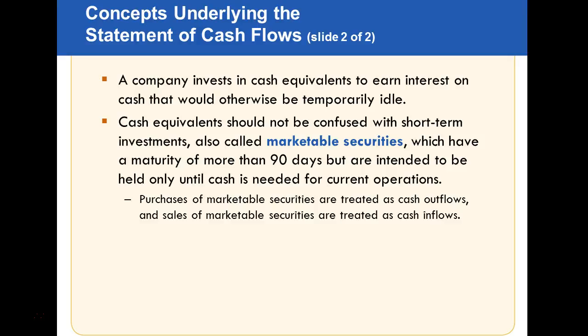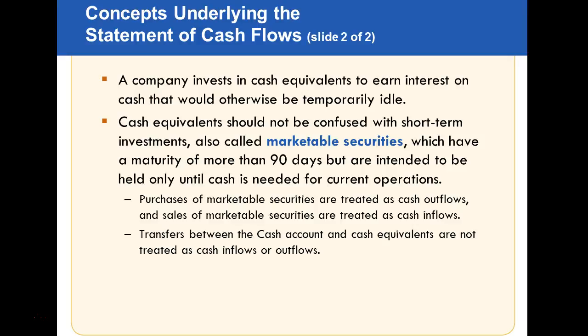So that would be what's called a cash outflow. And when we sell marketable securities, we're gaining money. Think about it. When you sell a marketable security, you no longer have that asset. So that marketable security decreases, and what increases? Cash. Transfers between cash accounts and cash equivalents are not going to be treated as cash inflows or cash outflows. For our purposes, they're going to be the same thing. They're cash.